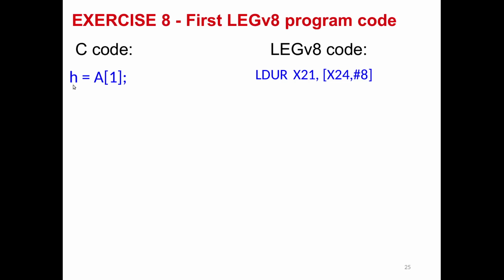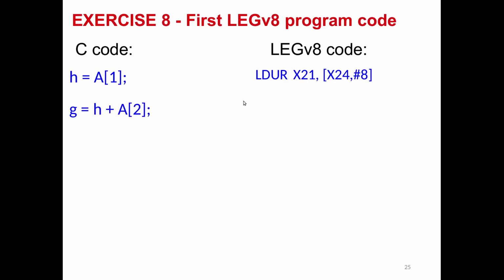We know that h is X21, the base address for A is in X24, and the offset address for A1 is 8. So we have LDUR X21, X24, and address 8 here.